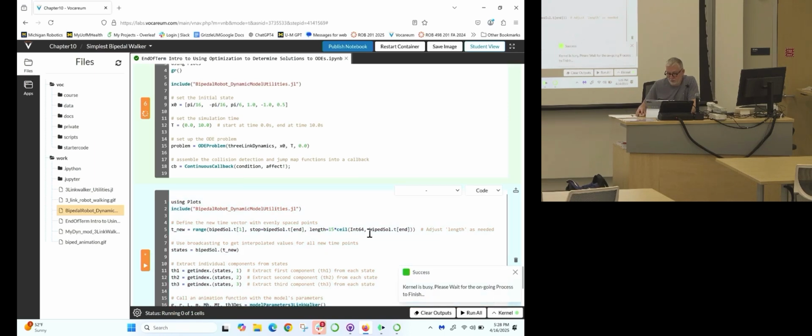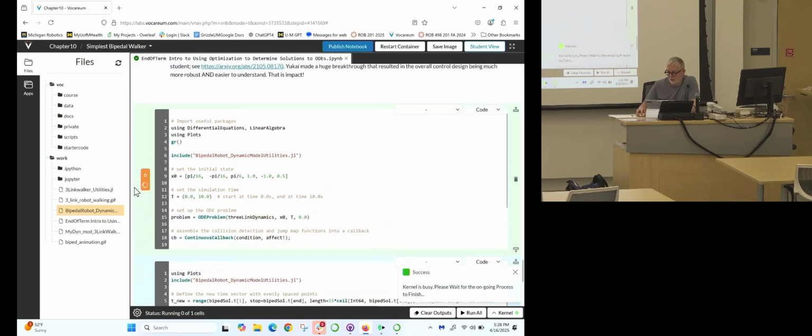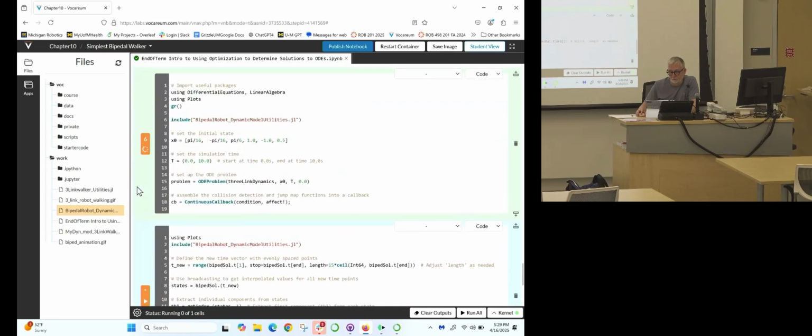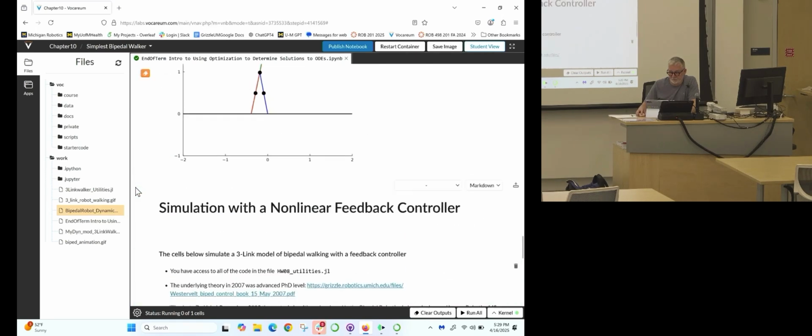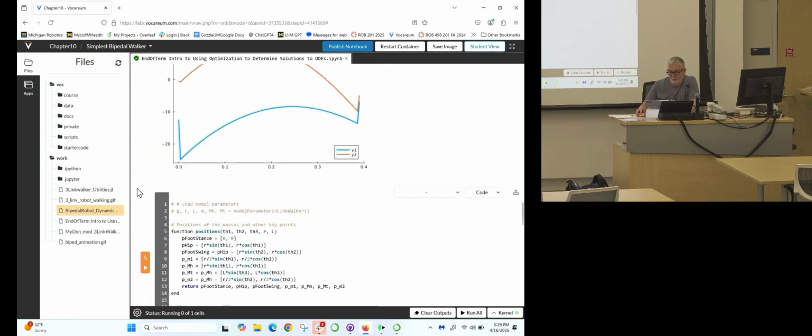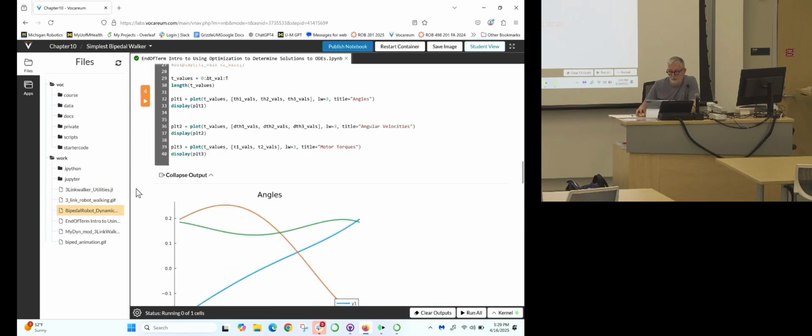Yes, I know the kernel's busy, and the kernel shouldn't be taking this long to run this.